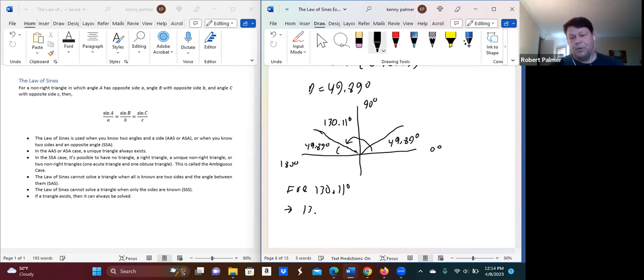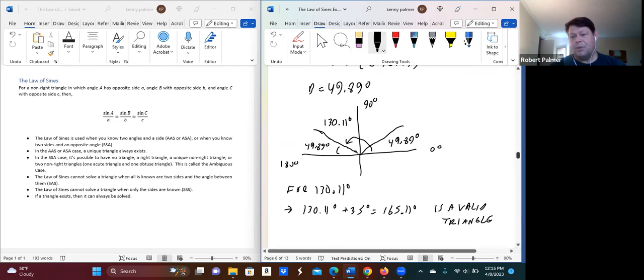If I do 130.11 degrees plus the other angle, which is 35 degrees, okay, that gives us then 165.11 degrees, which is not too big. I'll say this is valid, okay. A valid triangle.